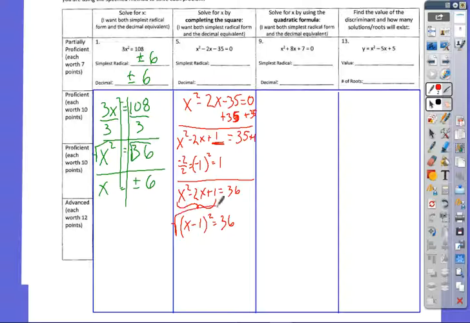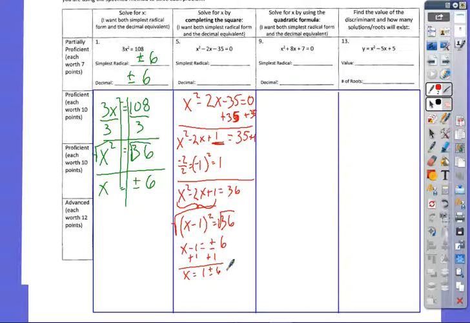Take the square root, take the square root. And so I get x minus 1 is equal to plus or minus 6. But wait, we are not done yet, because we need to add 1 to both sides. And so I get x is equal to 1 plus or minus 6.